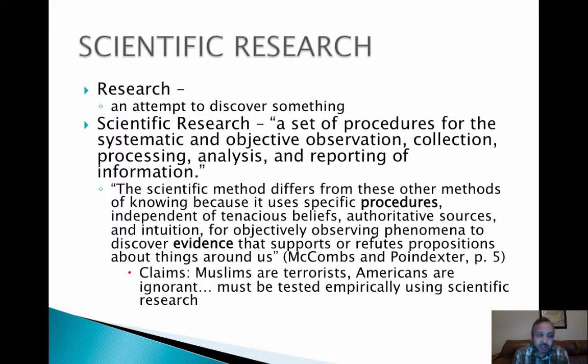You can't just carry out scientific research haphazardly. It's systematic. We follow specific procedures, and following these procedures allows us to come up with evidence that is much more convincing, much more credible than the kinds of informal research that we do in our day-to-day lives, right?